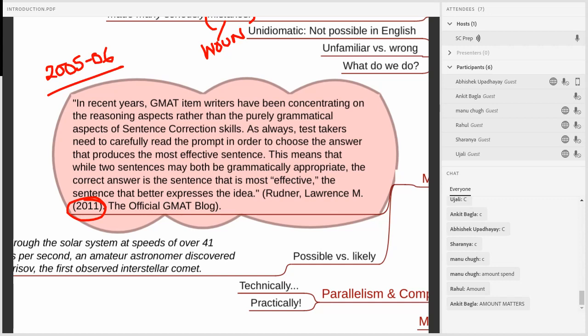So meaning being important doesn't mean idioms are out, doesn't mean that the only thing being tested is meaning. I have heard instructors say on GMAT Club that there always has to be a meaning approach to removing an option. That's not true. The GMAT tests multiple things. All of them are important. It's not that one of them is suddenly the only thing that they're testing now.